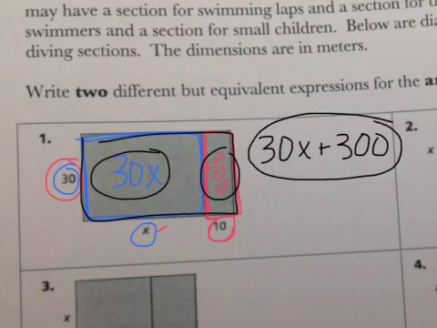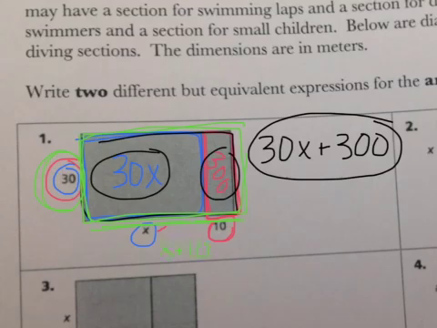Another way to write an expression for the area of the pool is to think about the pool as just one big rectangle. If we think of it that way, then the height of our rectangle is still 30, but the base consists of the x and the 10, and together that makes an x plus 10.